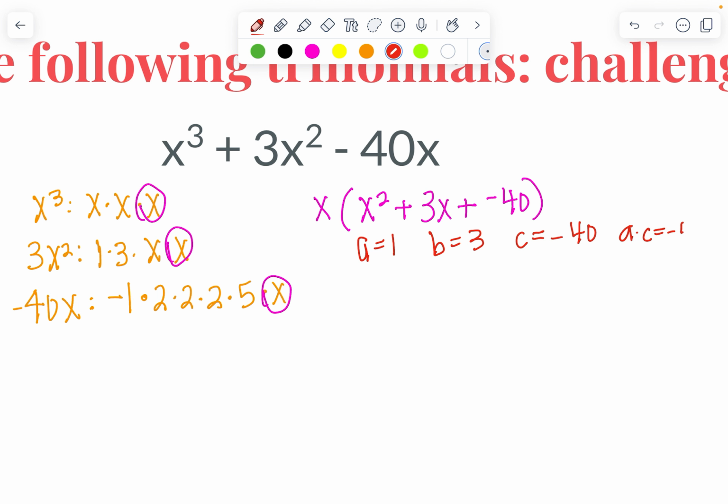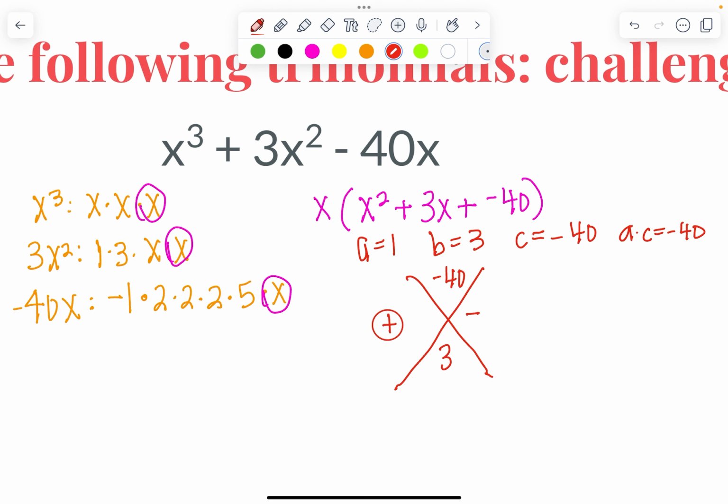So A times C is negative 40. So we have negative 40 on top, positive 3 on the bottom, which means I have one positive, one negative. The positive number is bigger.